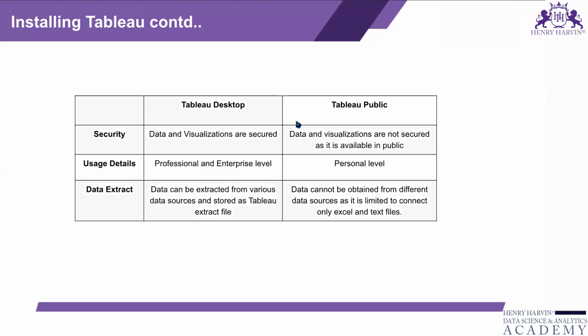Once you move out of the system, it's gone completely. So it's better to take screenshots for understanding the flow and keep them, because you cannot save them. Data also cannot be obtained from different data sources, as it is limited to connecting only to Excel and text files.